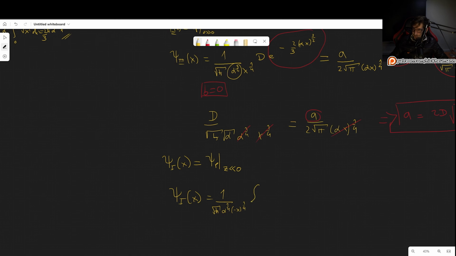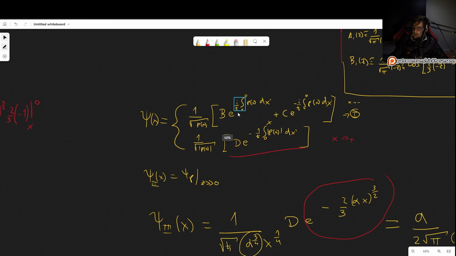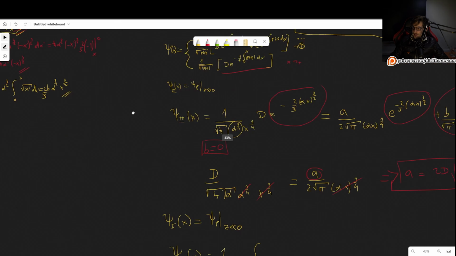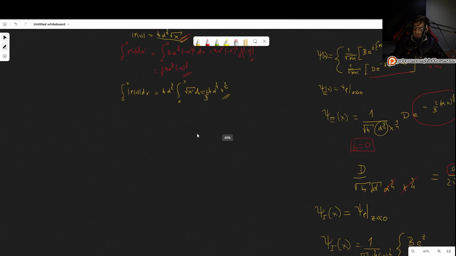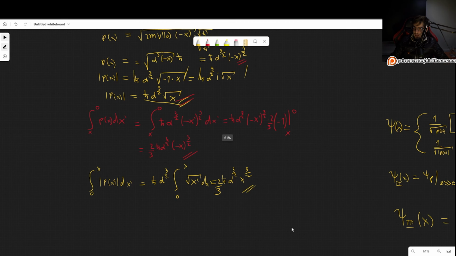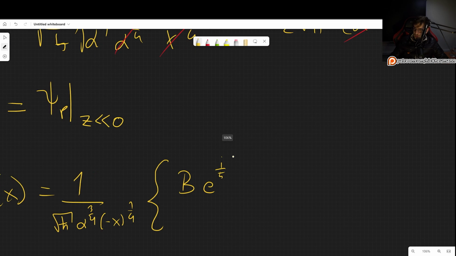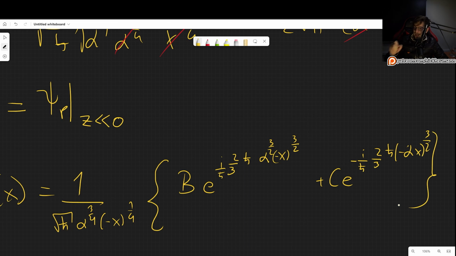And then we have b e to the I over h bar and the integral, which we already solved, so that is the integral, this one, so 2/3 h bar alpha 3/2 and then minus x 3/2, and then the same thing but with a negative, so c e to the minus I over h bar 2/3 h bar again, and then I'm going to write this as minus alpha x to the 3/2. That saves me a little bit of time.